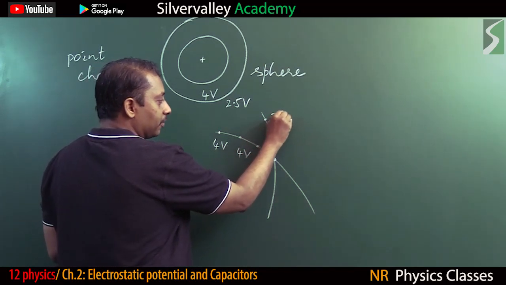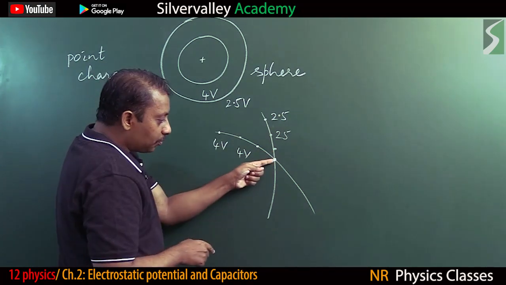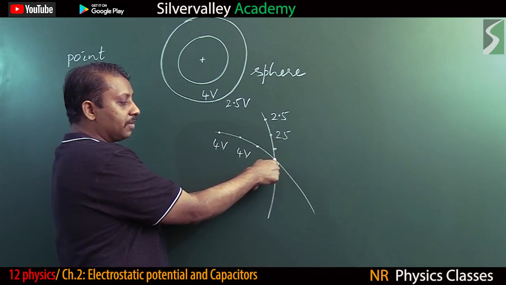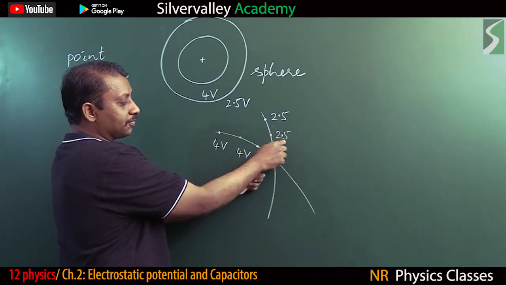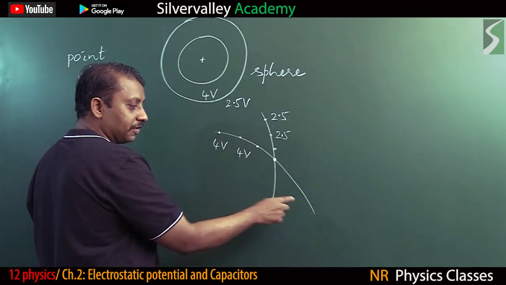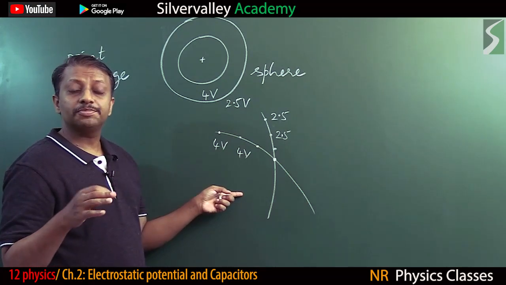If this is 2.5 volt, this is 2.5, this is 2.5, then that point should be 2.5. It is already 4, right? So it cannot be 2.5. That is why we cannot expect two equipotential surfaces to intersect. Such points are required for conceptual type questions.